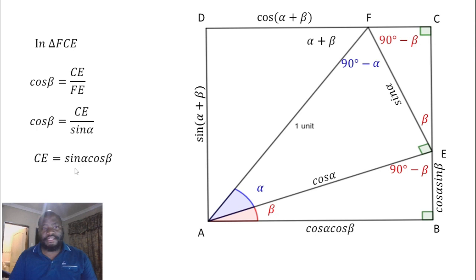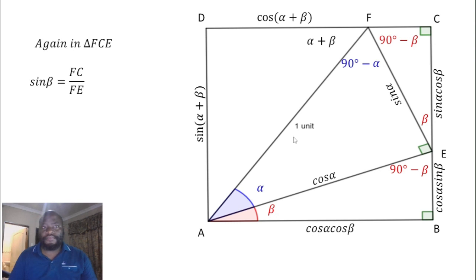So where the CE is here, we put our sine alpha cos beta. We do the same thing again in the same triangle to find FC. We say sine beta equals FC over FE. FE is already found as sine alpha. We substitute it in and multiply both sides by sine alpha. We get FC equals this. Then we put sine alpha sine beta there.